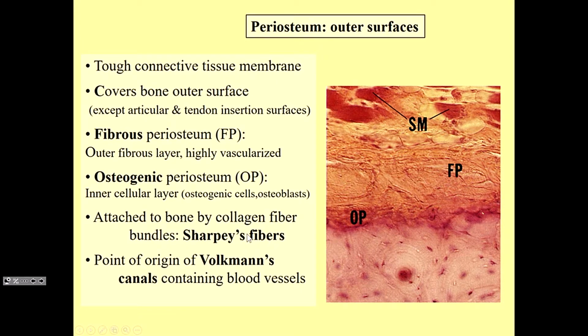And Sharpey's fibers are basically collagen fibers, mostly type 1 collagen fibers that are holding the osteogenic periosteum to the bone proper. And then sometimes we'll have a cavity drilled into the bone. These we call Volkmann's canals, and these contain blood vessels and endosteum that can penetrate through the bone.